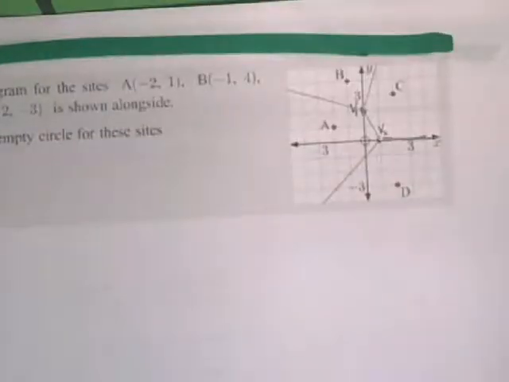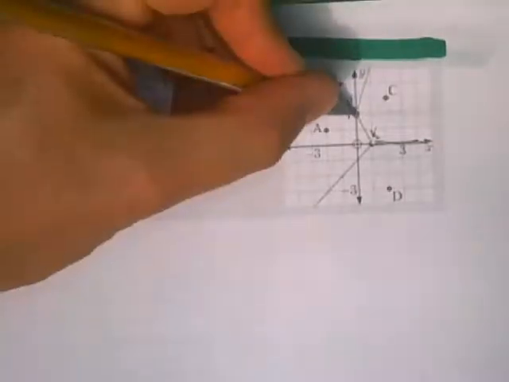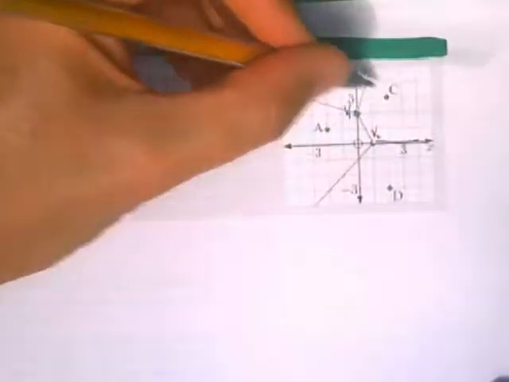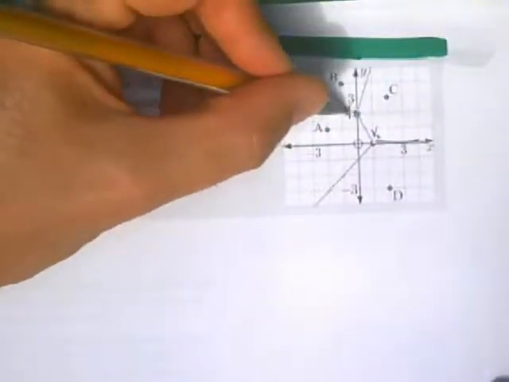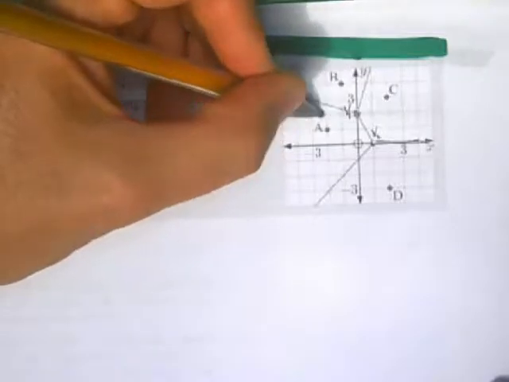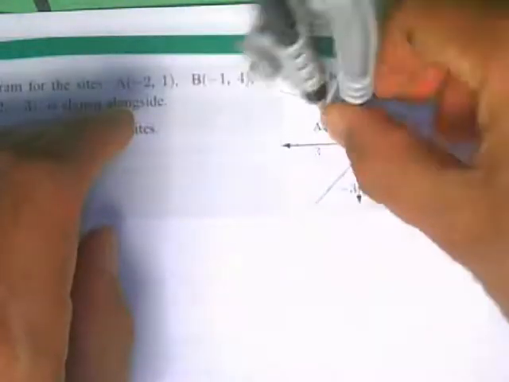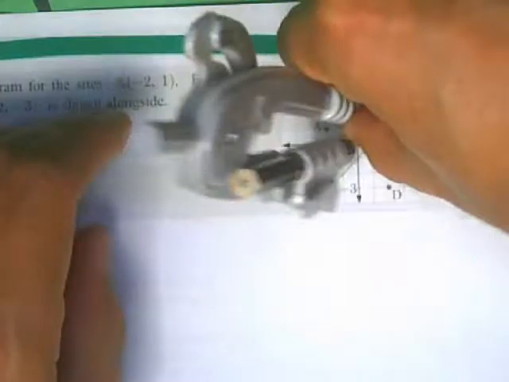So from here to here, I can see that I go over 2, up 1, here over 2, up 1, here over 2, down 1. So you can see that my very teeny tiny radius, it's hard to draw a circle so small, but you get the point.